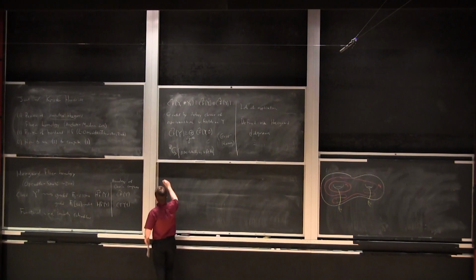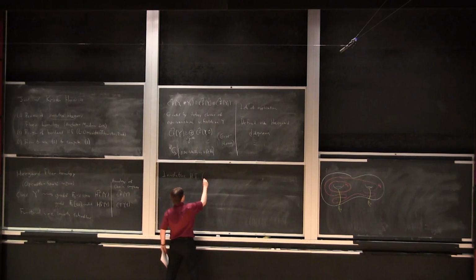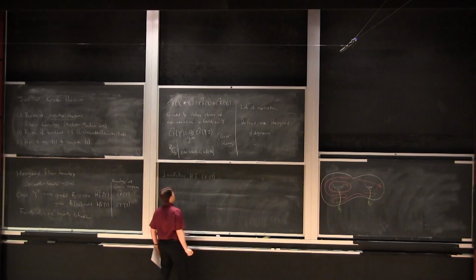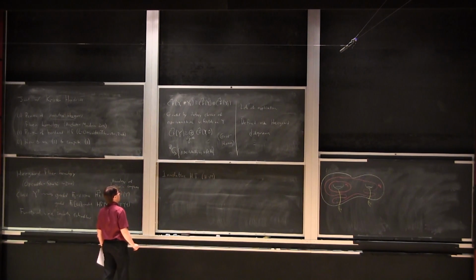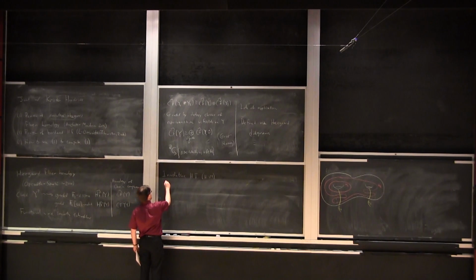So, involutive Heegaard Floer homology is due to Hendricks-Manolescu. Well, there's a Z2 action.